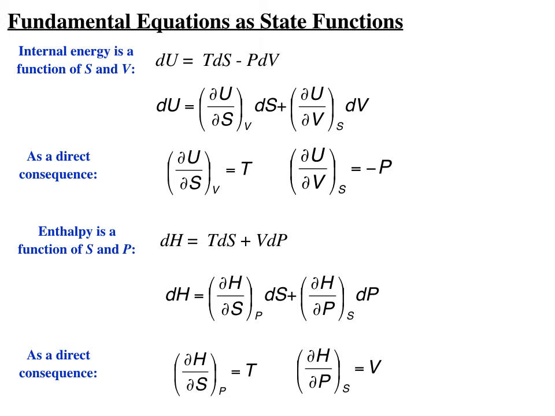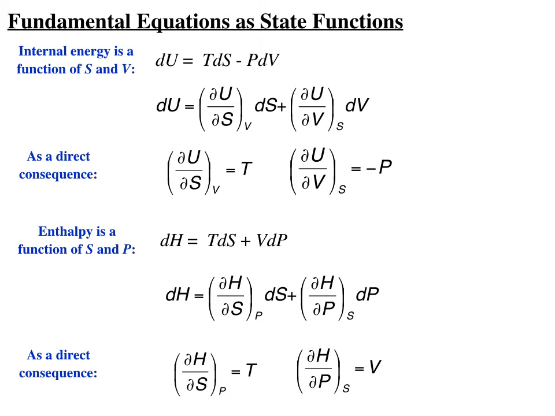Then I go to the other plane and I vary enthalpy with the pressure at constant entropy, and I look at the increment of change in that plane, dP. I sum that together and I get the entirety of change in dH.